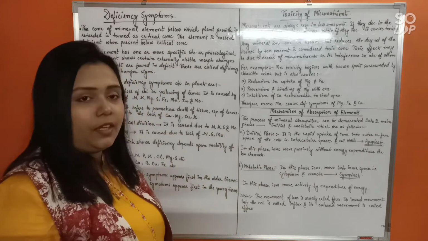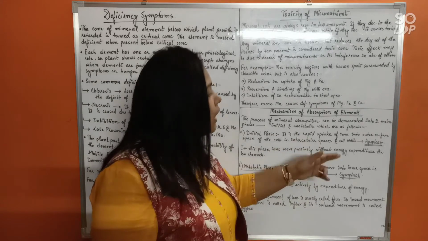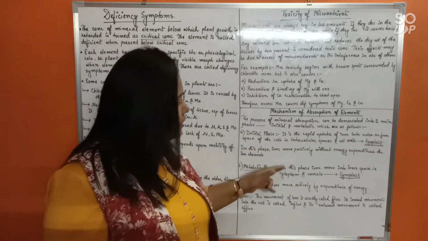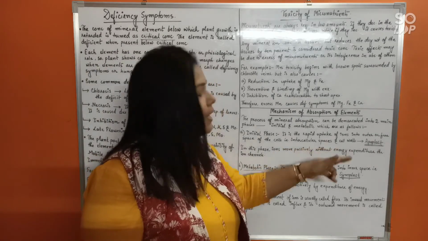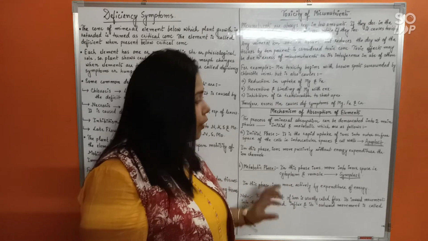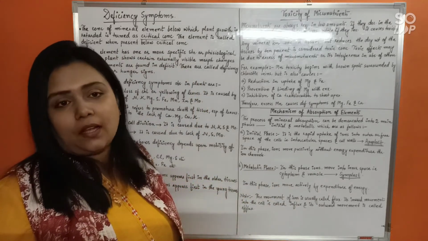First, the initial phase. It is the rapid uptake of ions into the outer or free space of the cells. Okay, that is the intercellular space and cell wall. We call it apoplast. So at first the mineral ions will be taken up rapidly in the apoplast.